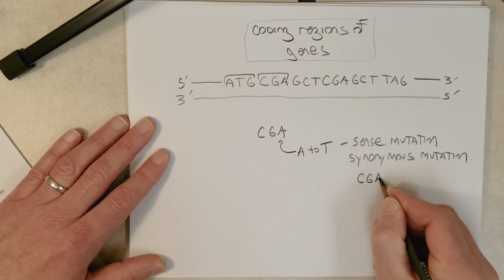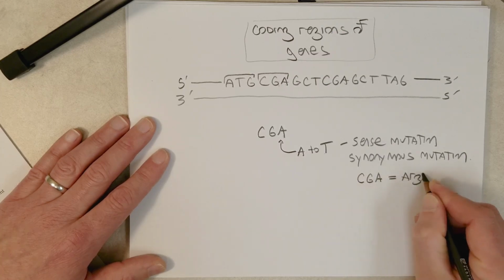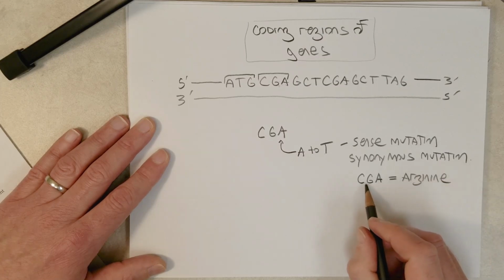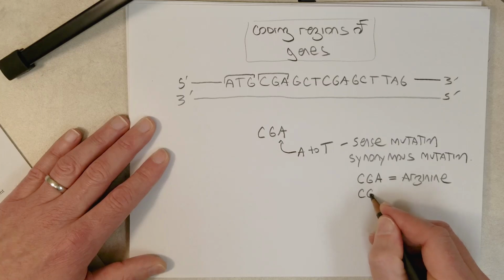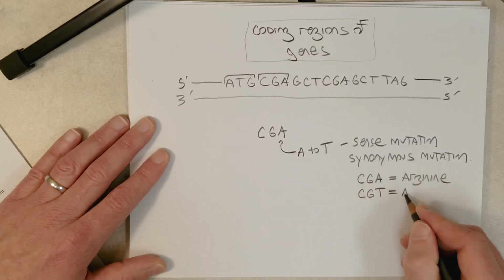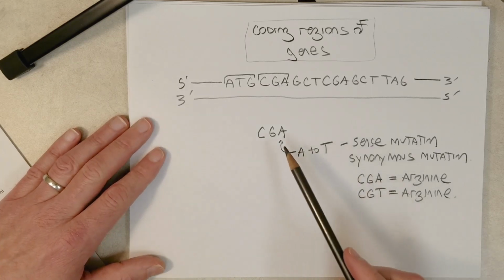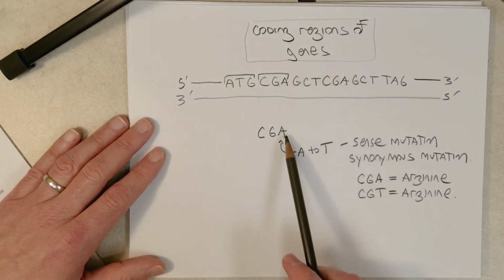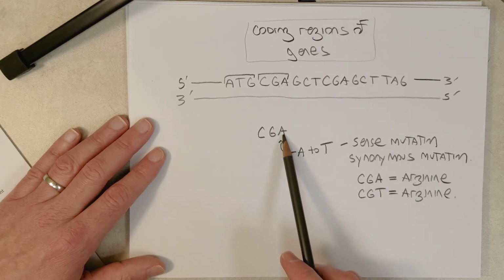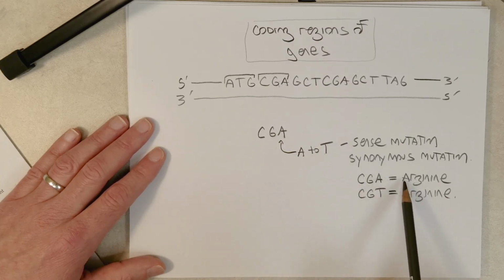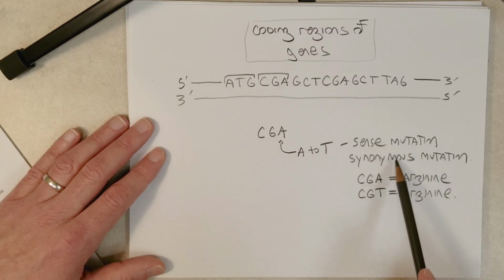CGA codes for arginine. If you were to pull up a table of genetic code, you would see CGA codes for arginine. CGT also codes for arginine. So if a point mutation occurs in the coding region of a gene and changes a codon in a way that doesn't change the amino acid it specifies, then that is a sense mutation and a synonymous mutation.